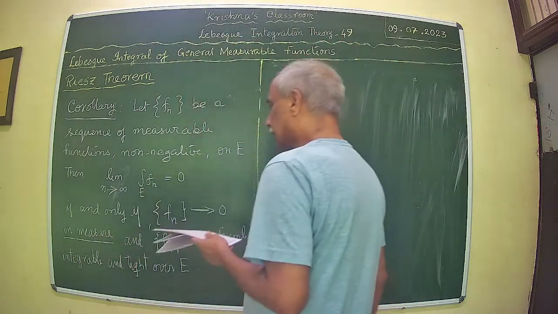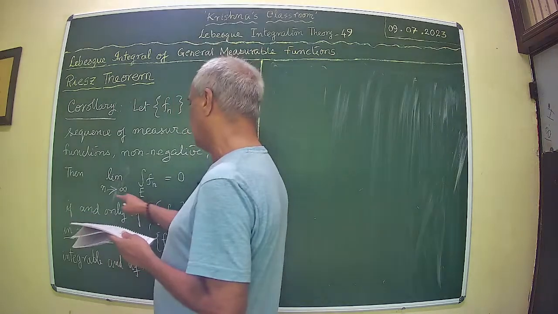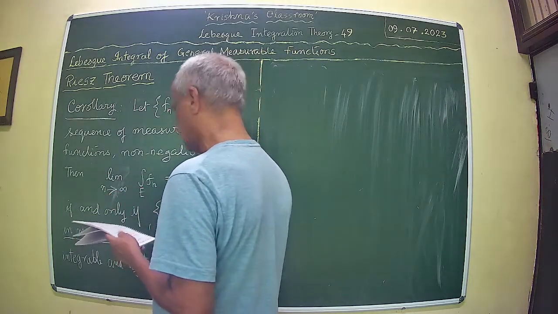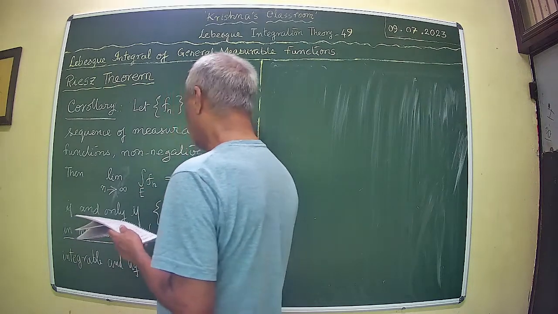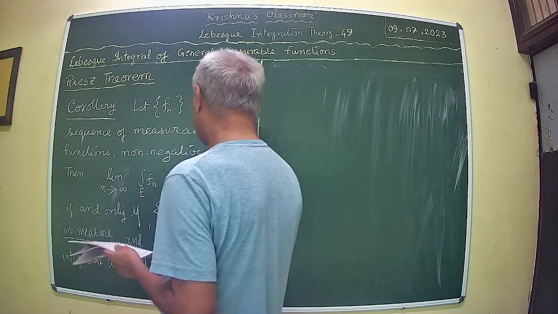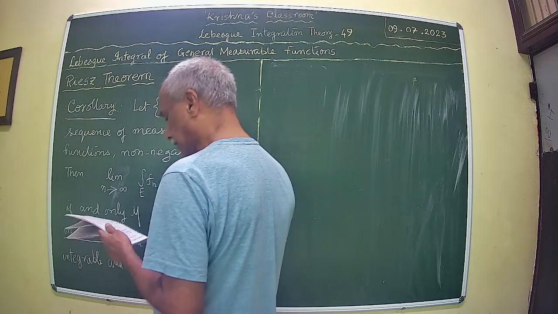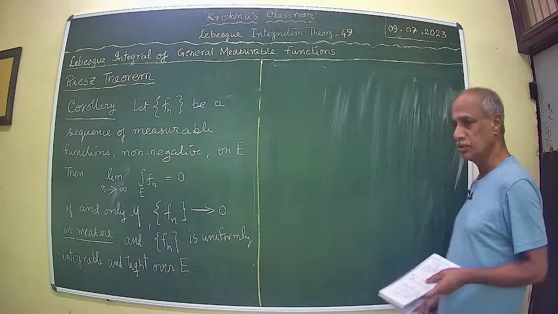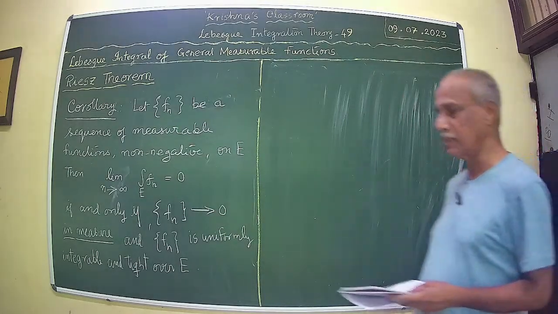Then the limit as n tends to infinity of the integral of Fn is equal to 0 if and only if Fn is uniformly integrable and tight over E. So we were in that context working on this.